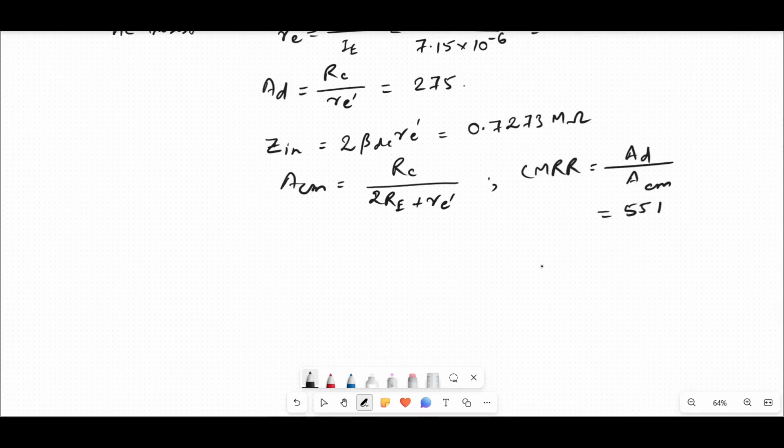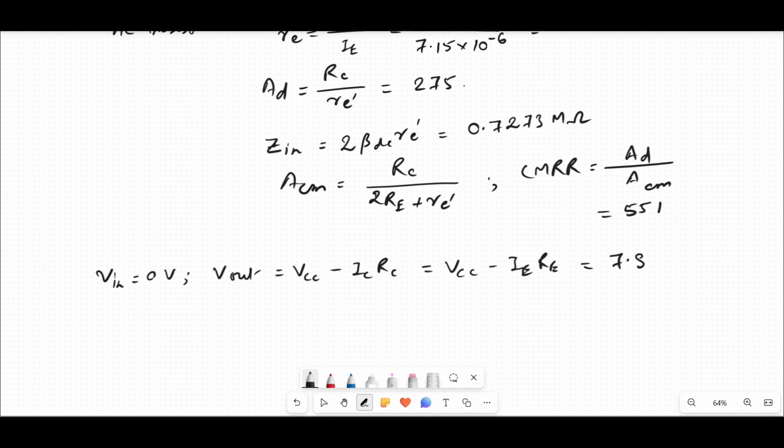Now if Vin, as asked in the question, is 0, then Vout is VCC minus ICRC for the DC analysis. So this is VCC minus IERE. After putting the values, this will come out as 7.85 volt.